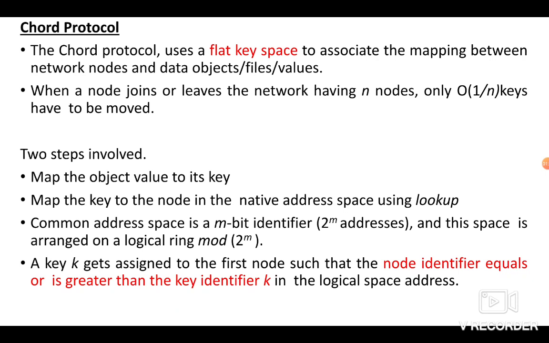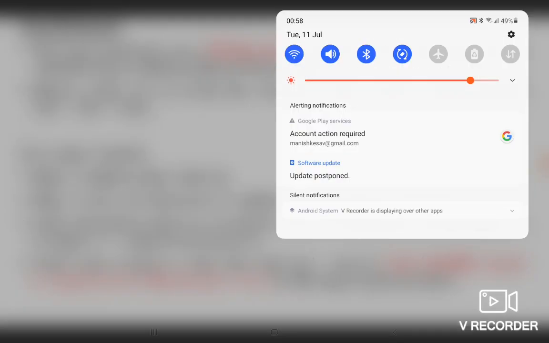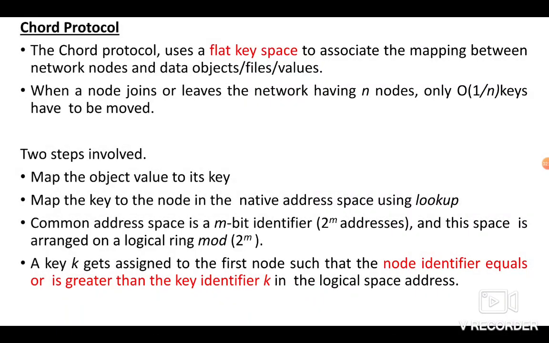How is the key assigned to the node? The condition is that the key is assigned to the first node such that the node identifier equals or is greater than the key identifier k.